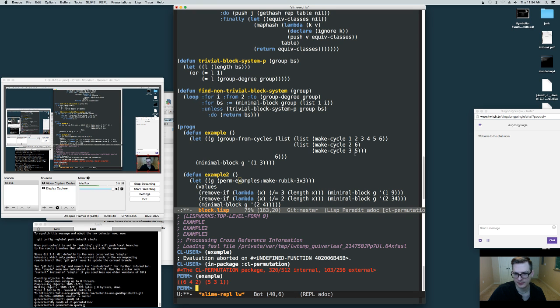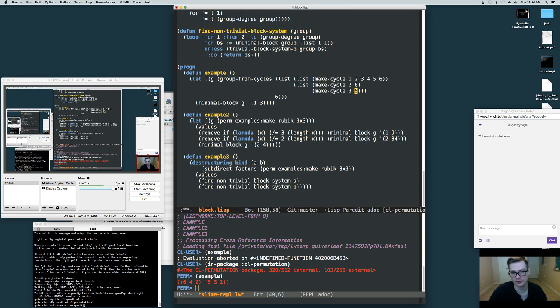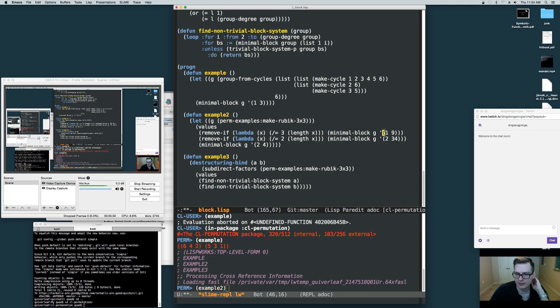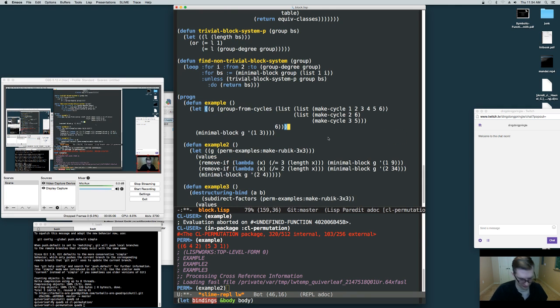More interestingly though, let's look at Rubik's Cube. We have this example 2. What this does is find a block containing 1, 9 and a block containing 2, 34. The question is, what do those points actually represent?